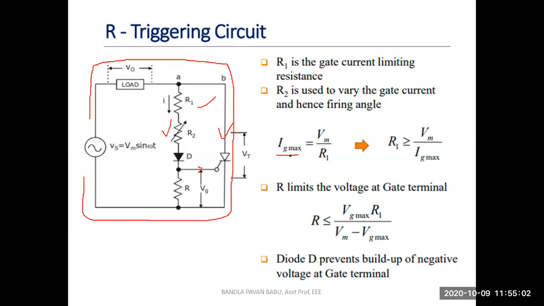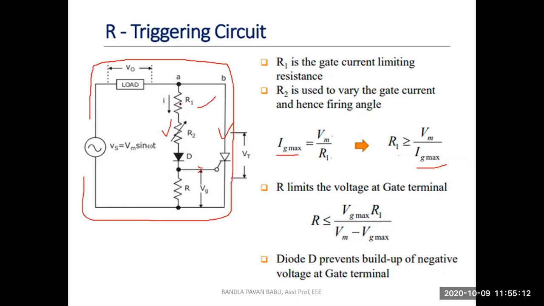See the relation: Ig max equals Vm by R1, and R1 is greater than or equal to Vm by Ig max. Based on this, we have to select the potentiometer. In earlier days they used the potentiometer, and the choosing of the potentiometer is based on this relation.